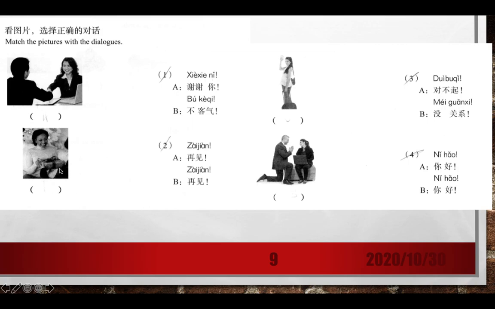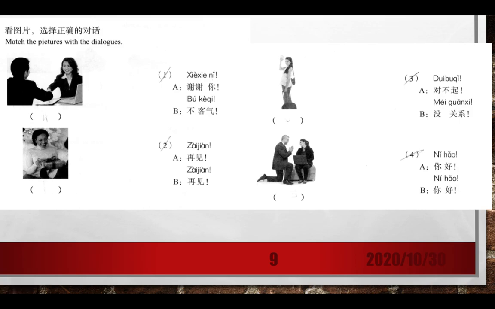Next one, a lady is smiling and receiving something, maybe a gift or a parcel. She is happy, so she is saying thank you, 谢谢你. Answer, 不客气. So this one should be dialogue 1. Last one, a man is kneeling.